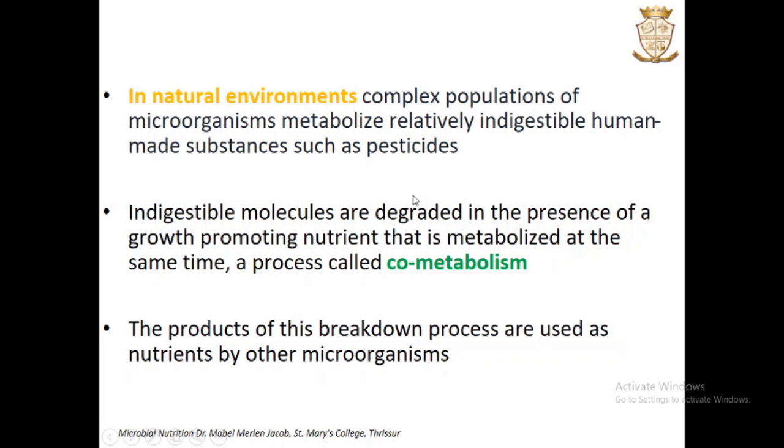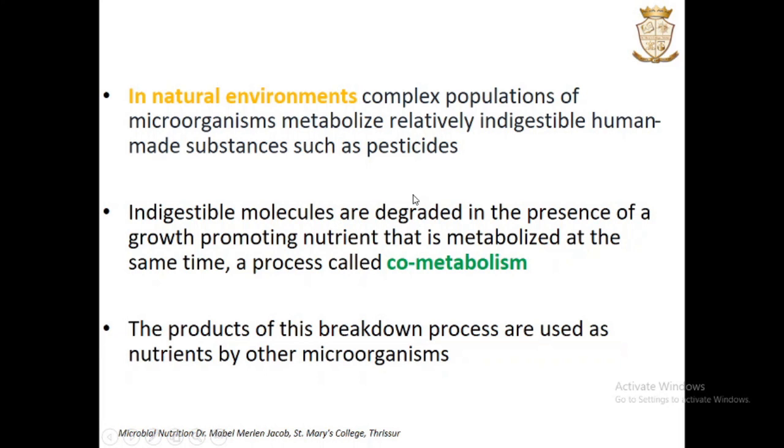So they will be feeding on and digesting a growth-promoting nutrient, and in that process, the other compound, which is usually an indigestible human-made substance, also gets degraded. This process is called co-metabolism. The advantage of this process is that products of this breakdown can be used as nutrients by other microorganisms, which normally cannot feed on these indigestible substances.